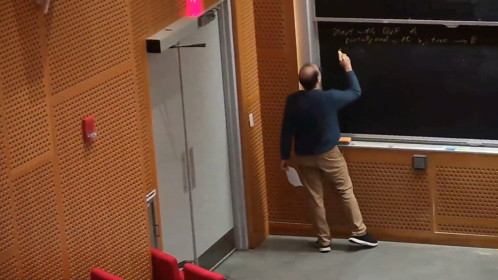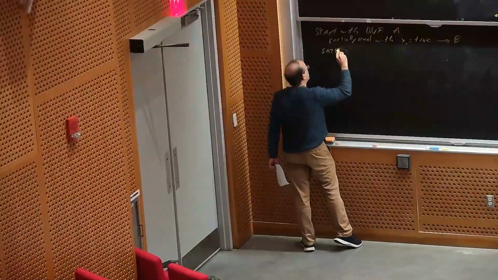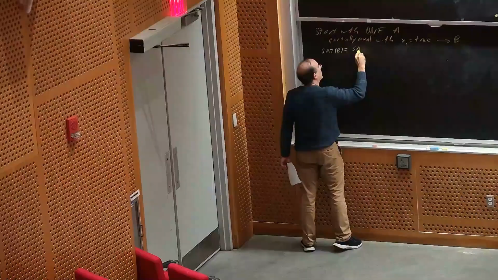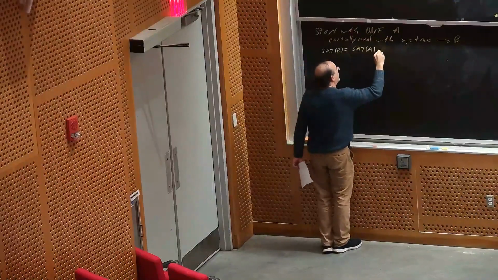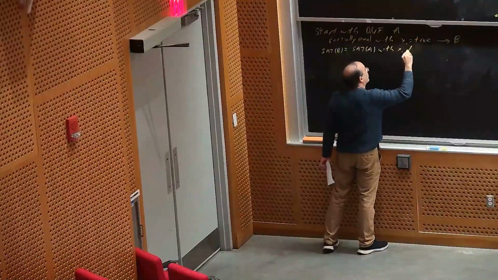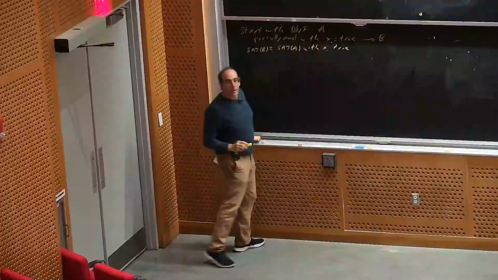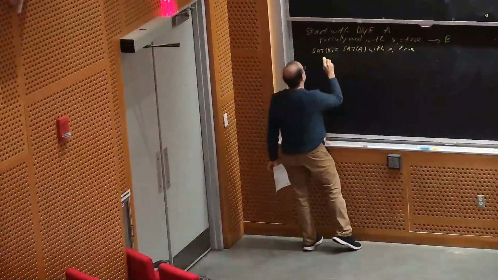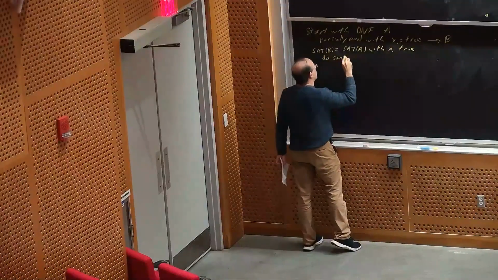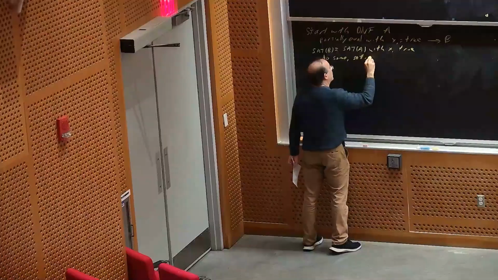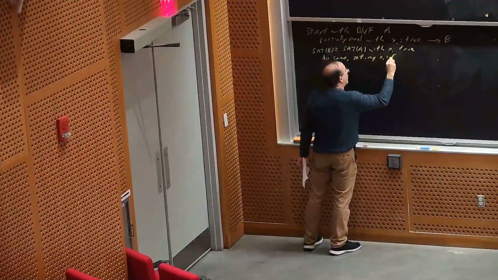Exactly, right? So satisfying assignments for B are satisfying assignments for A with x1 true. I can do the same setting x1 false.